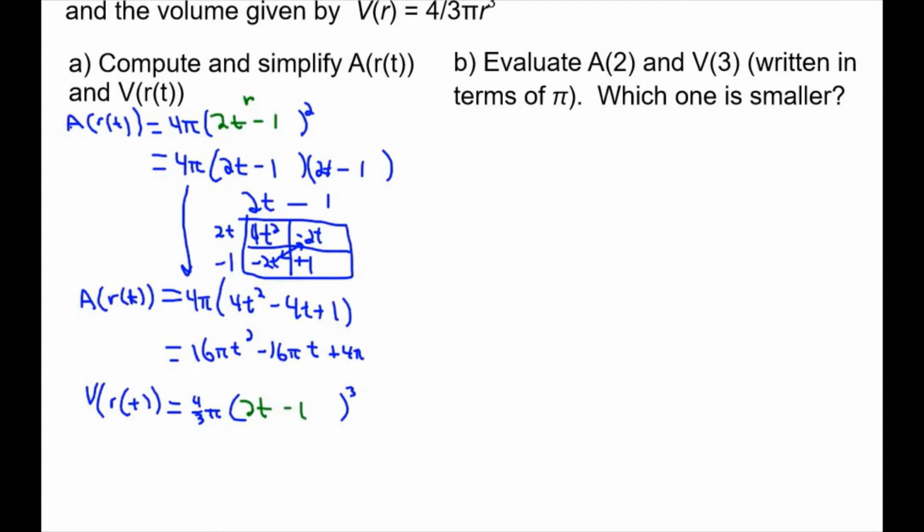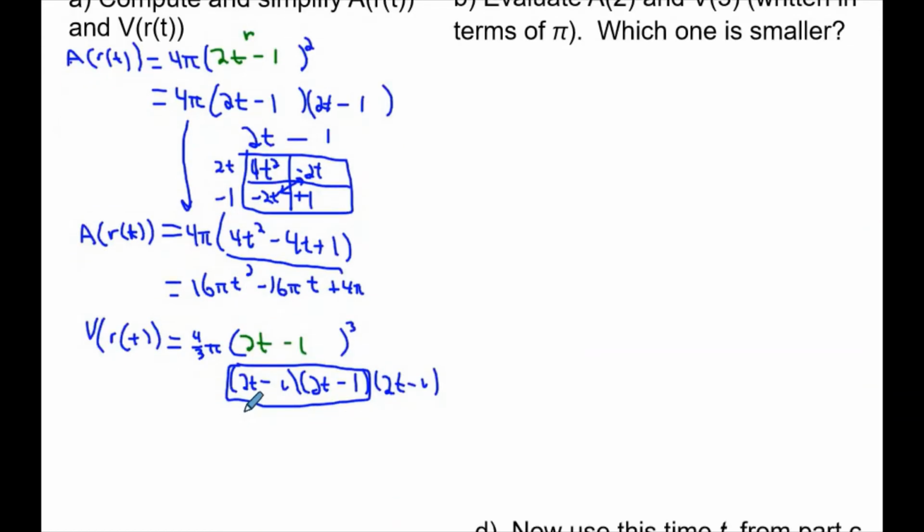And then that would mean we'd have to write it out 3 times. So we would have to actually write this out, 2t minus 1 times 2t minus 1 times another 2t minus 1. But conveniently for us, we already know what 2 of them are.